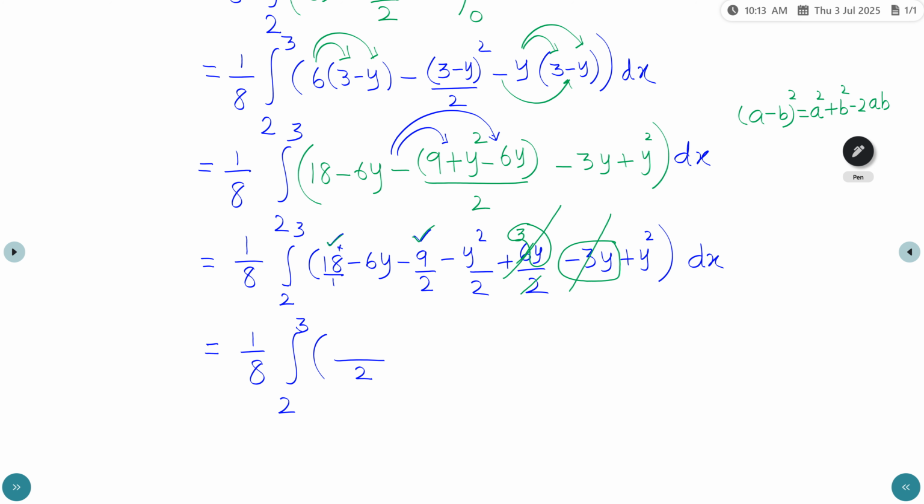Multiply and divide by 2. So 18 into 2, 36, 36 minus 9.